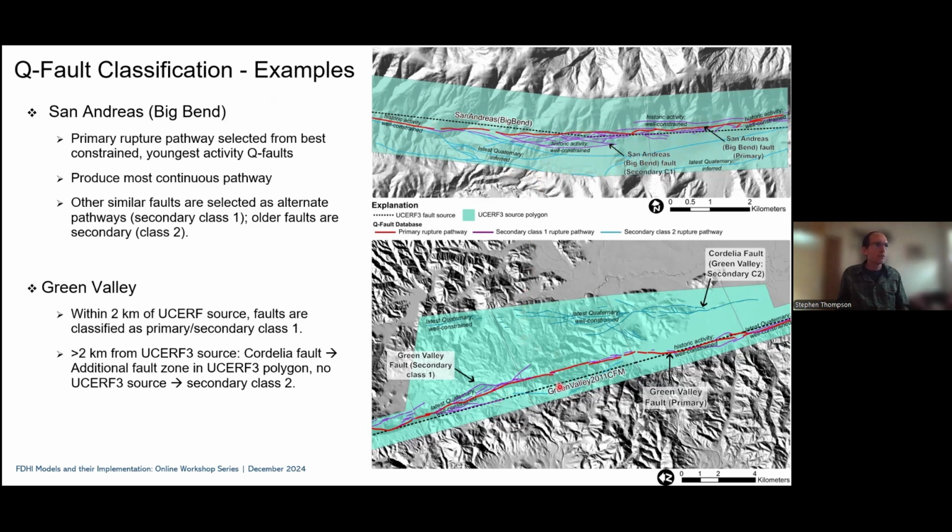Another example is along the Green Valley Fault in the Bay Area, Northern California, where we have long continuous strands that we can interpret as potentially hosting principal ruptures, and ones that are close to it, that branch from it, that are interpreted to be secondary class 2. And then we have a whole host of more distant fault traces that we assign to the secondary class 3, including some sources such as the Cordelia Fault, which in our local seismic source models are interpreted to be independent seismic sources.